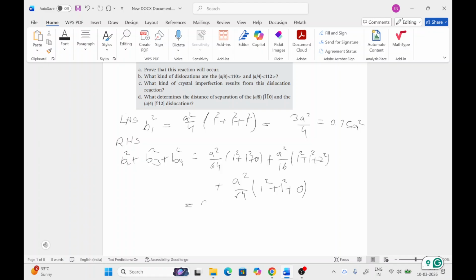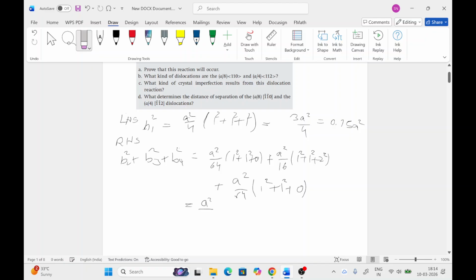So 1 plus 1 is 2, and 2 over 64 is a square by 32. 2 square will be 4, so a square by 16 times 5 plus a square by 32 twice. So this will be 7a square by 16.